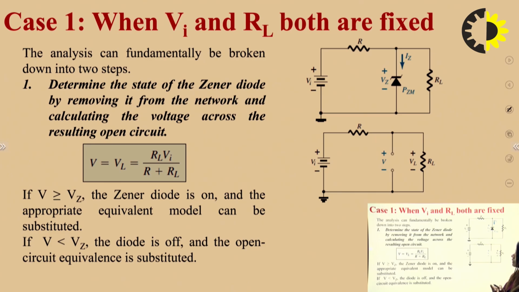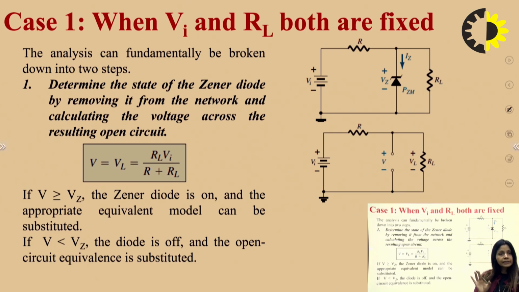First of all, the analysis can fundamentally be broken down into two steps. First, we will determine the state of the Zener diode. As I said, the Zener diode will behave according to the voltage applied between its terminals. If the voltage across its terminal is less than Vz, then it is not concerned actually.